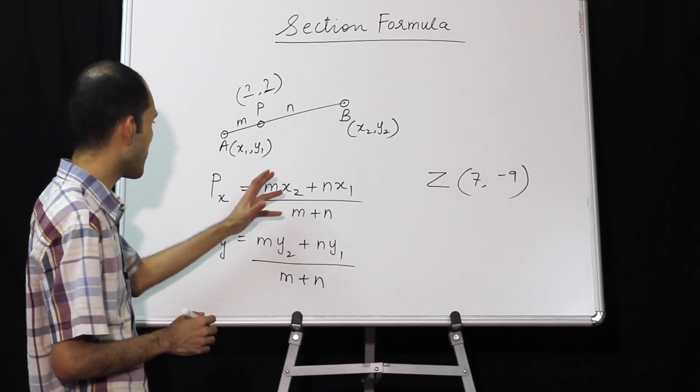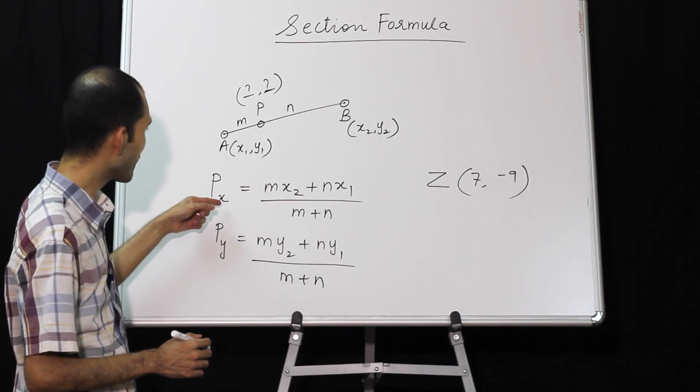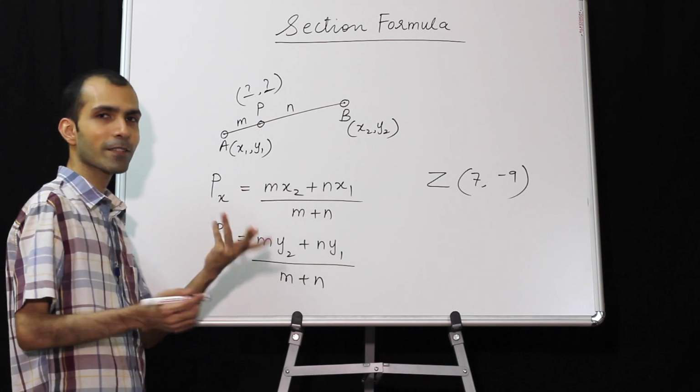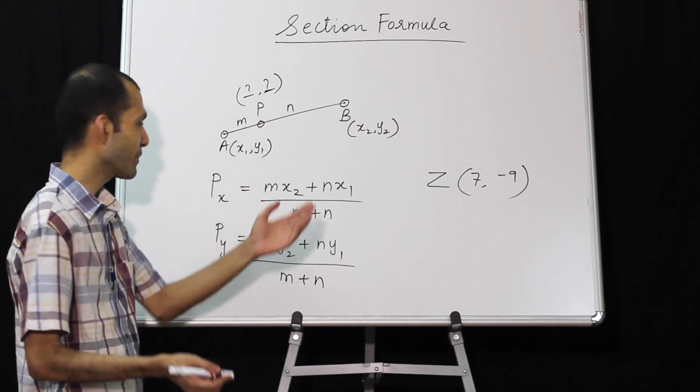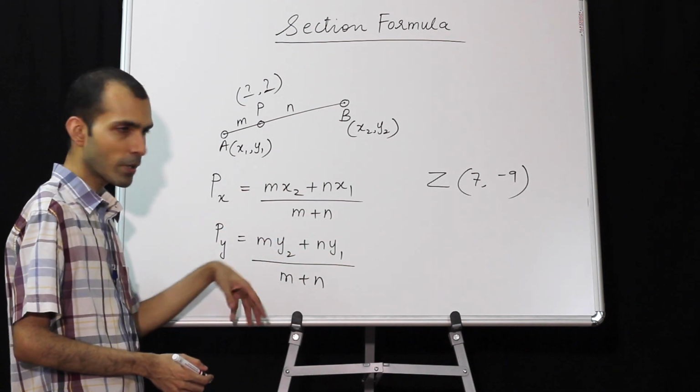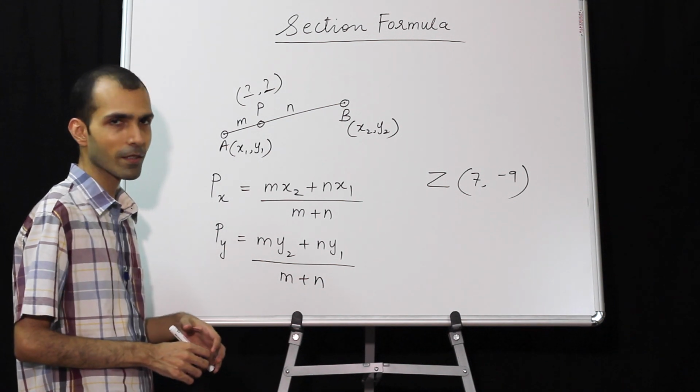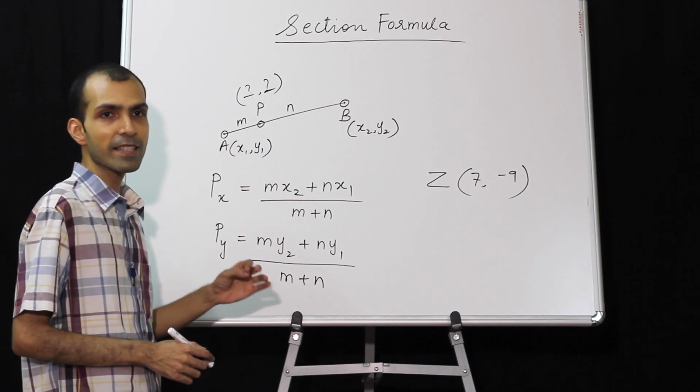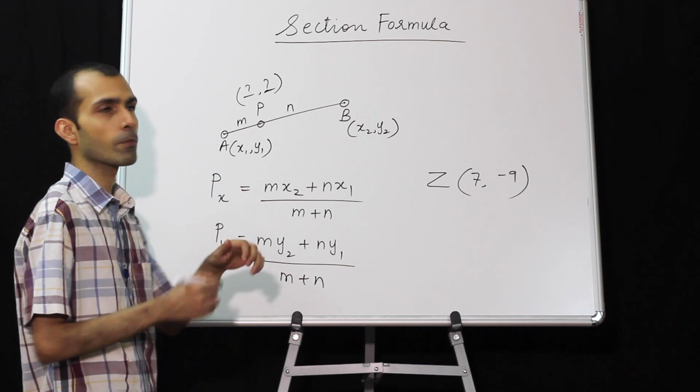So you should not get confused between x and y. When we are dealing with px, you will have x1 and x2 coming in the picture, y will not come. And when you are dealing with py, you will have y1 and y2 coming in the picture. So this is known as section formula.